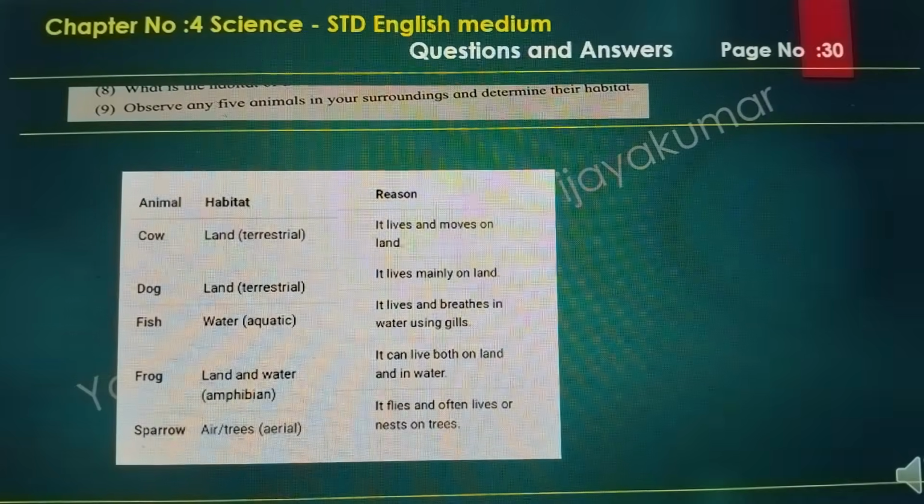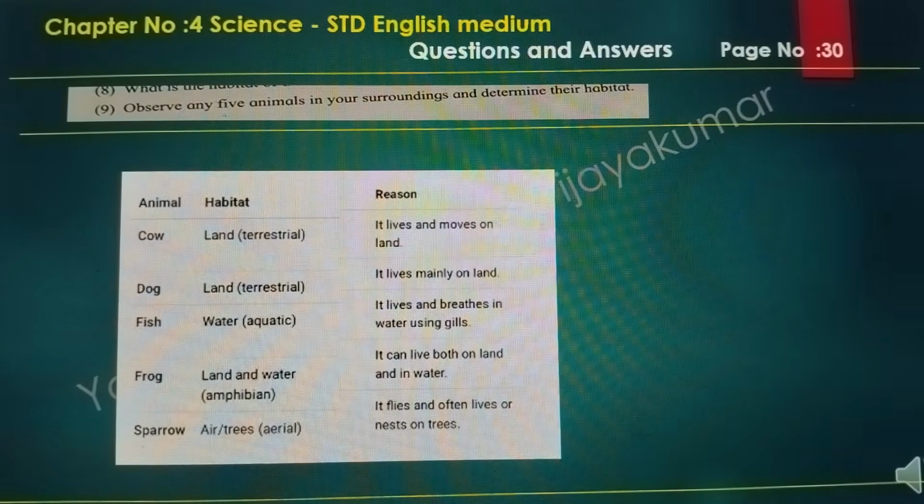It lives mainly on land. Fish, water, aquatic. It lives and breathes in water using gills. Frog, land and water, amphibian. It can live both on land and in water. Sparrow, air, tree, aerial. It flies and often lives or nests on trees.